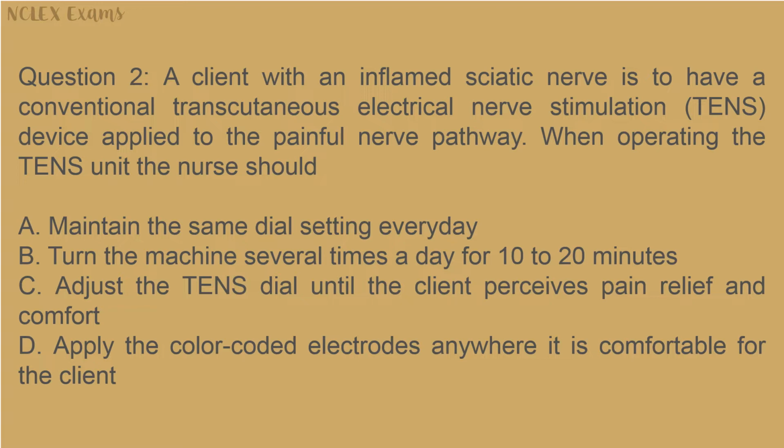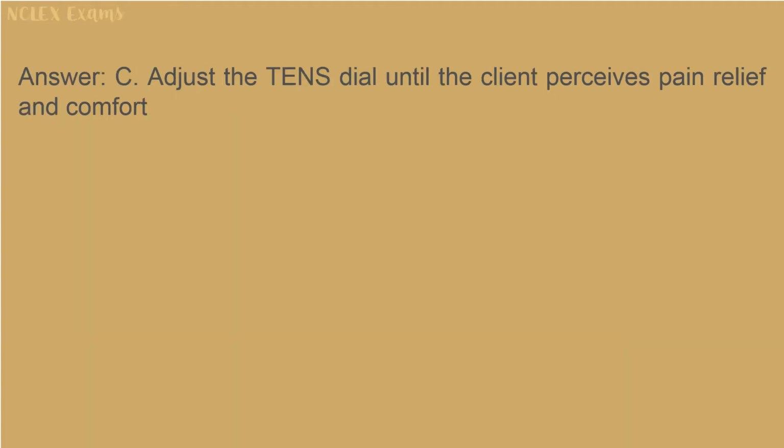C. Adjust the TENS dial until the client perceives pain relief and comfort. D. Apply the color-coded electrodes anywhere it is comfortable for the client. Answer: C. Adjust the TENS dial until the client perceives pain relief and comfort.